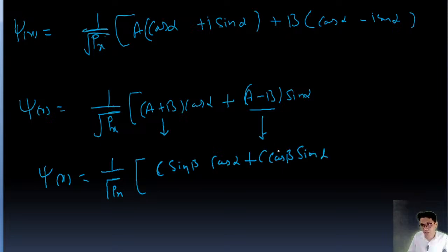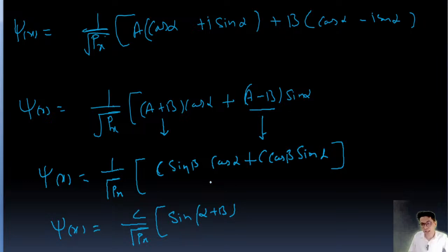This a minus b is c cos beta, and a plus b is c sin beta. C we will take common, so c upon root px into sin alpha plus beta. This is the value of the wave function, guys.